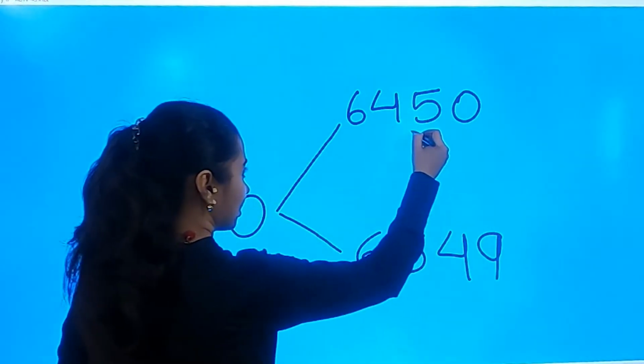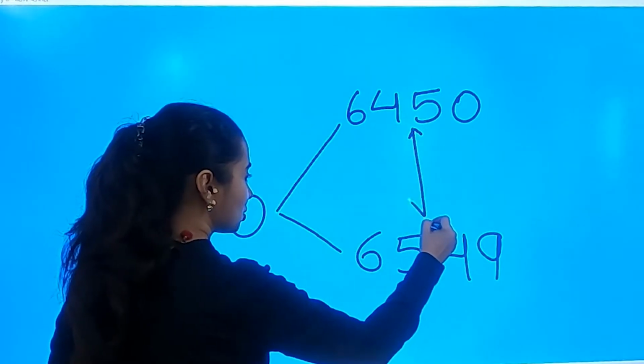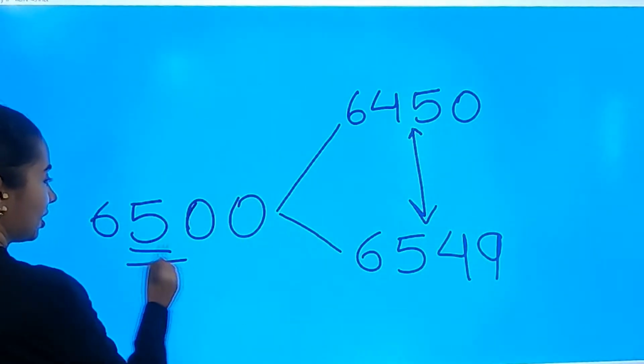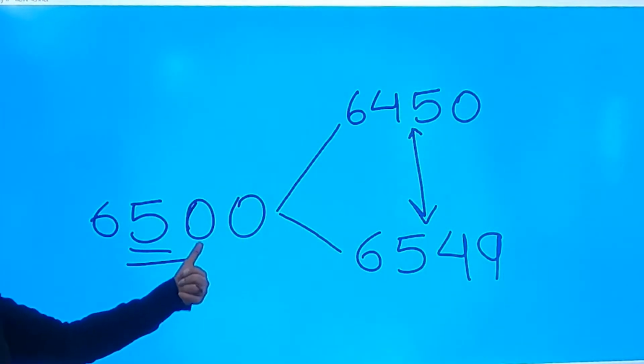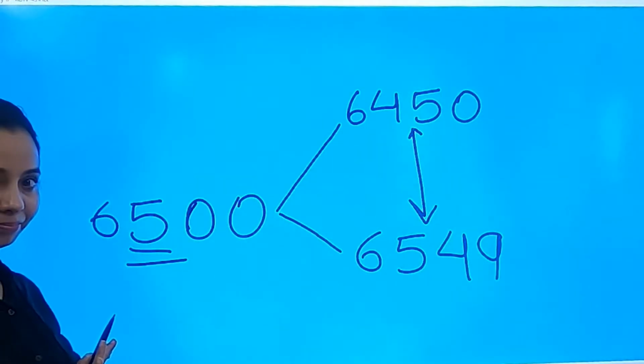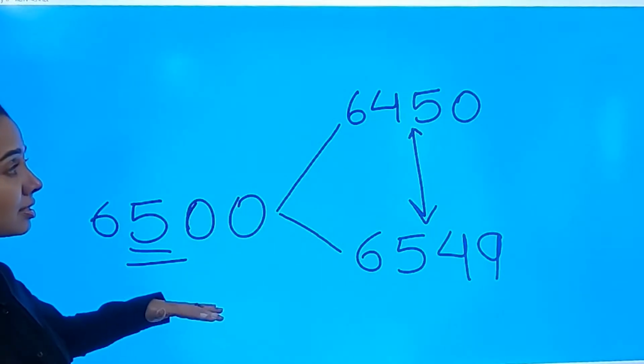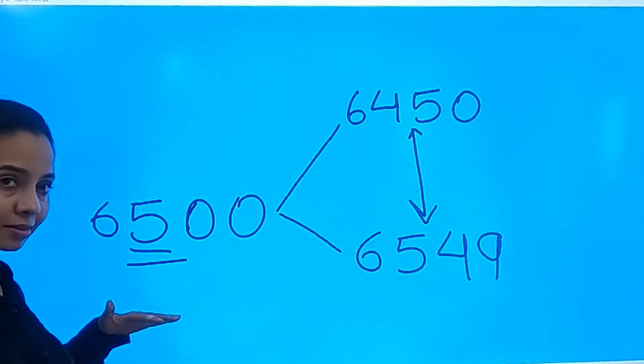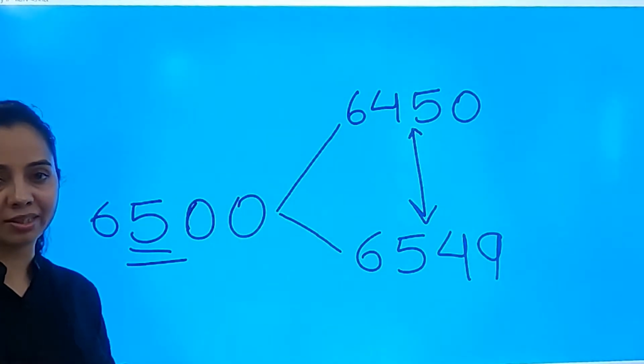All the numbers lying between these two numbers will give us 6500 when rounded off to nearest hundreds. This is one important concept you should be very clear about.